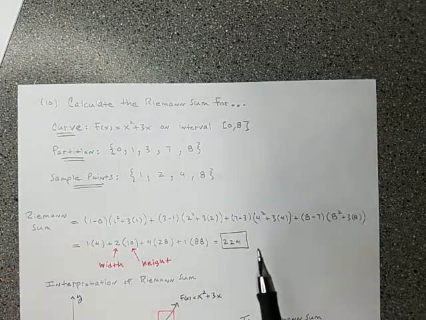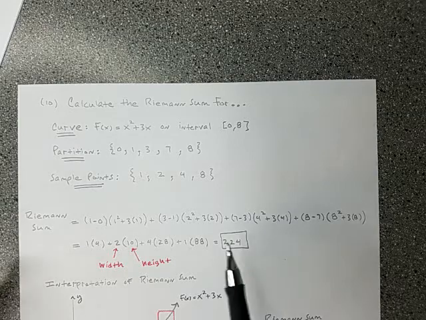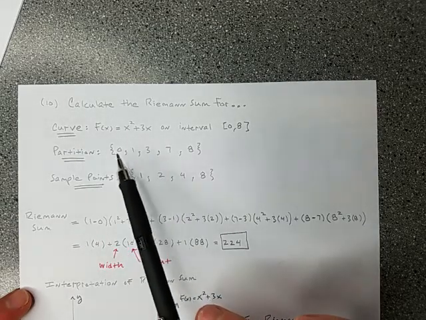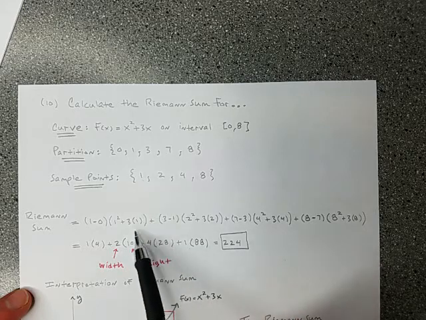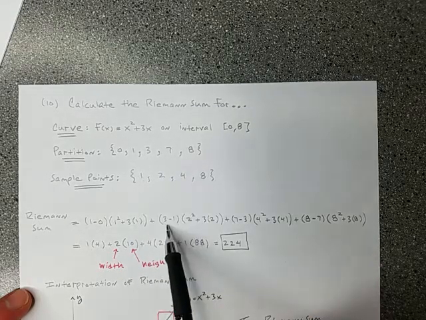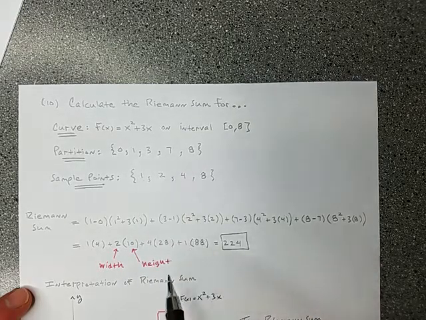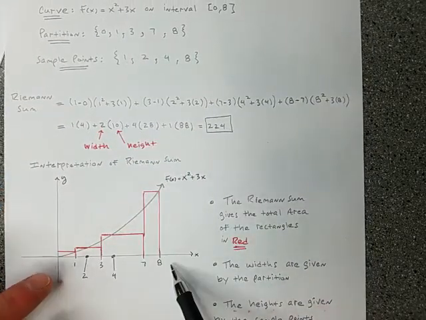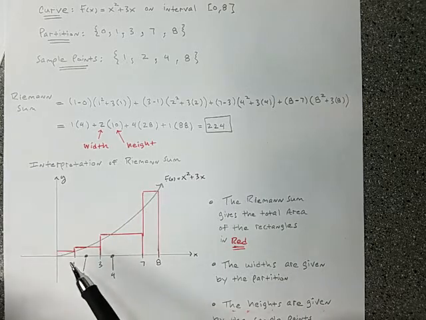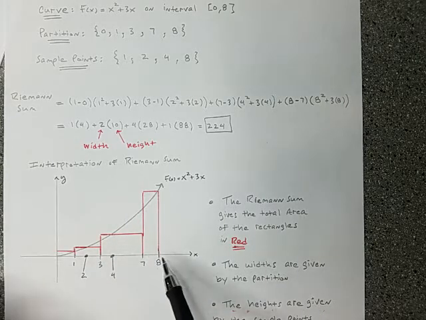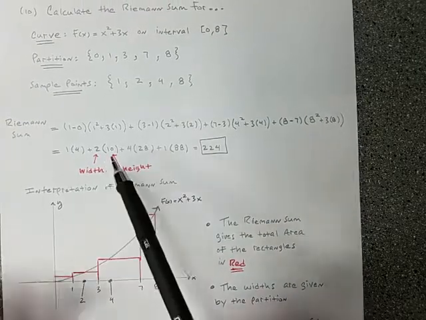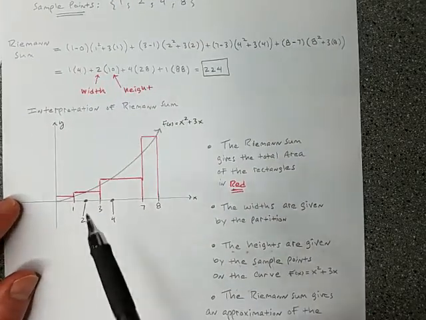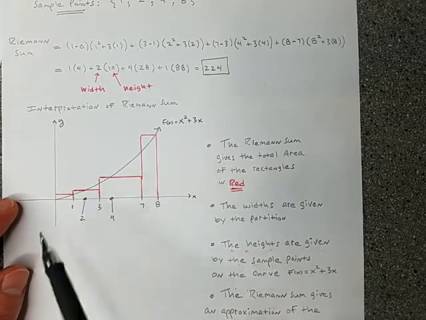I'll say a little bit about the bigger context. What is all this stuff? When you do 1 minus 0 and put that sample point in, and then you do 3 minus 1 and put this next sample point in, what is that? You could imagine there's this curve, and I'm looking at it from 0 to 8, and I've labeled off my partition elements and my sample points, and all you're doing when you do this is calculating the area of these 4 rectangles.